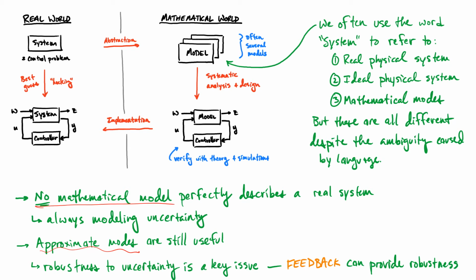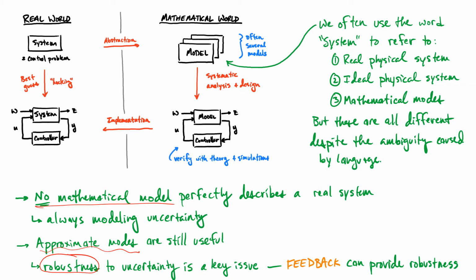In fact, even simple models are still extremely useful. And it's this notion of robustness that brings home this usefulness and allows us to use all of this mathematical framework that we're going to talk about in this course in order to solve real problems, despite the fact that the problems that we're solving are actually more complicated than what we're modeling.